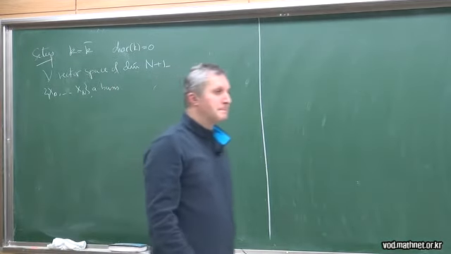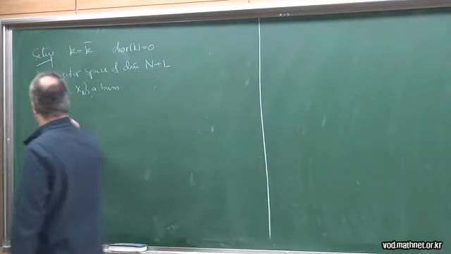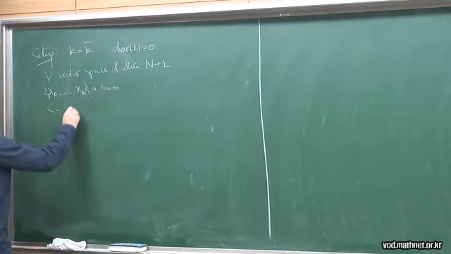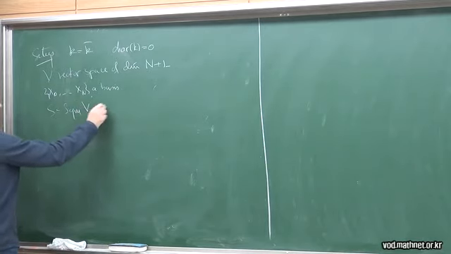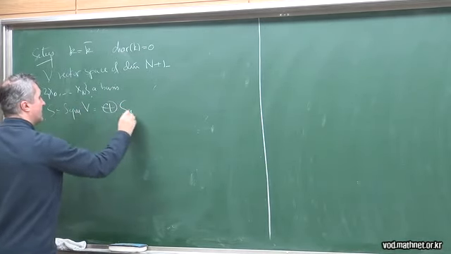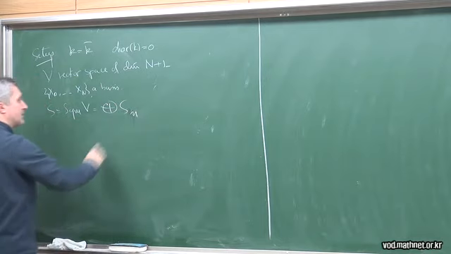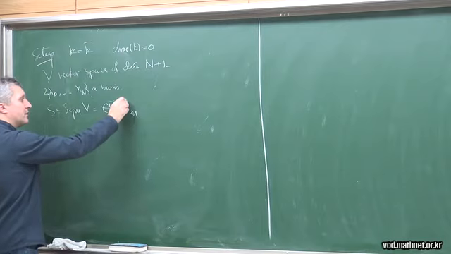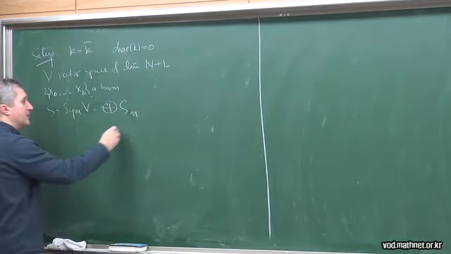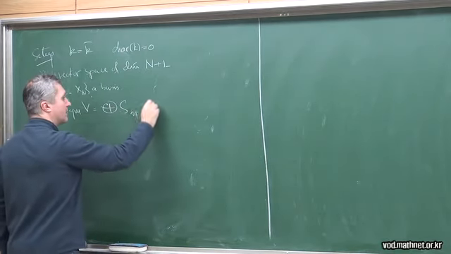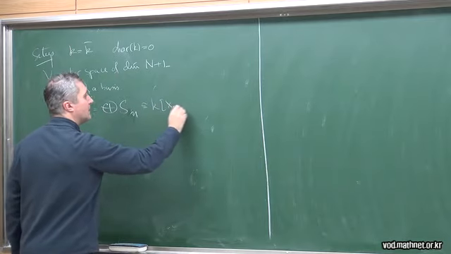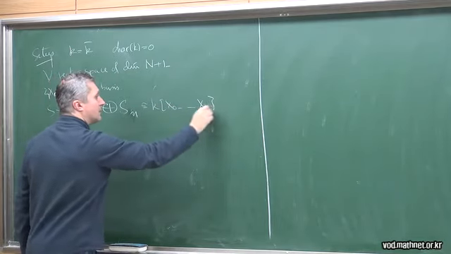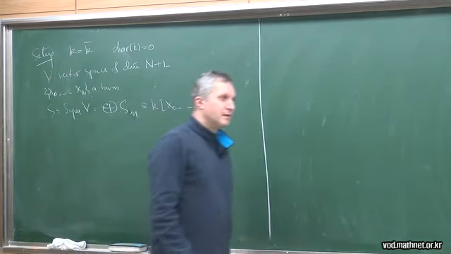S is the symmetric algebra of V, and I'm going to use the notation Sn. Sn is the vector space of homogeneous polynomials of degree n, which is isomorphic to the polynomial algebra in x0, ..., xn.